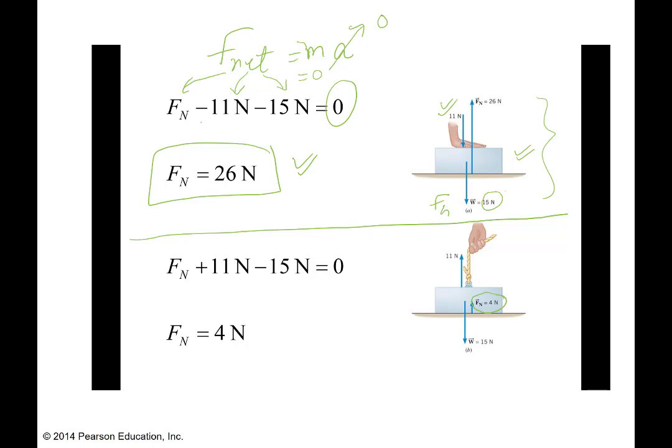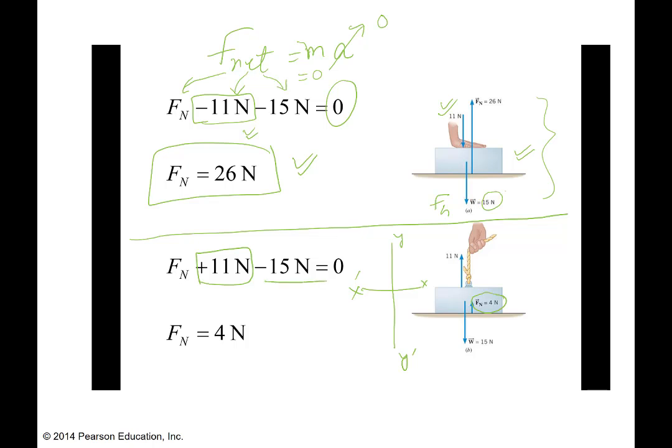So see how we had minus 11 in this case because it was downwards, but now we are putting it as plus 11 because it's acting in the upward direction. The same XY strategy is applied here. Positive in the upward direction for Y, positive in the positive X direction, and negative downwards and sideways.